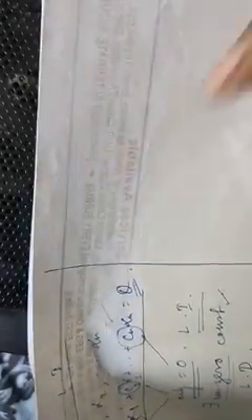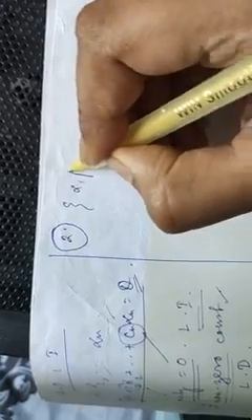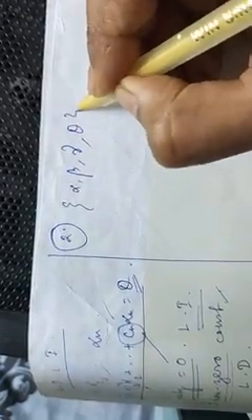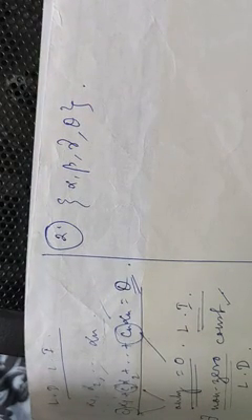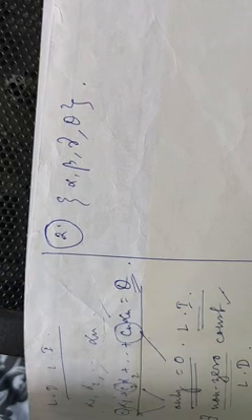Similarly, we can take the next example, example number 2, as alpha, comma, beta, comma, gamma, comma, theta. Now can we express any one of the vectors as a linear combination of the remaining others?